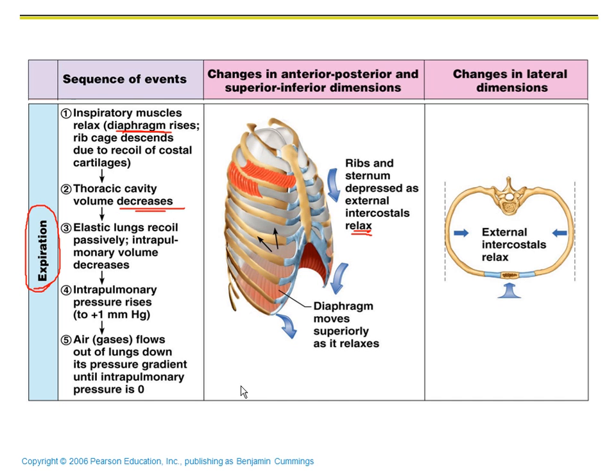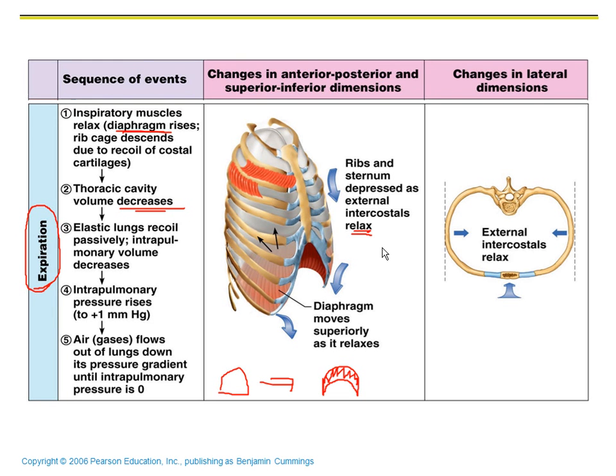And remember, your diaphragm goes from being flat to being concave. So between the elastic fibers causing my thorax, my rib cage, to kind of recoil, and my flat, doming diaphragm making this volume smaller, we've accomplished the task of making our thoracic cavity smaller.